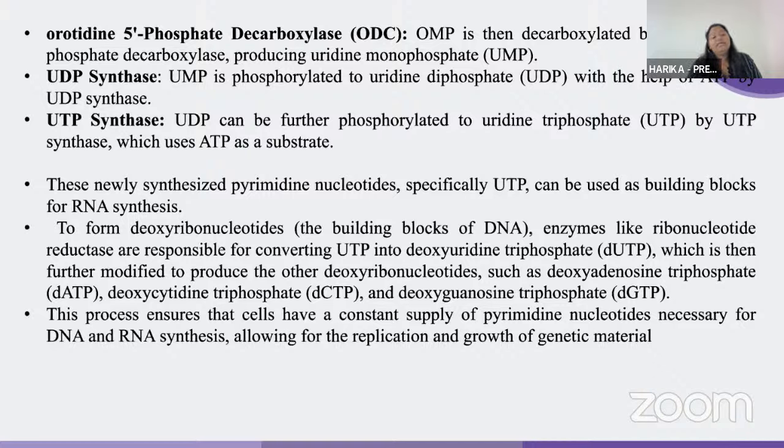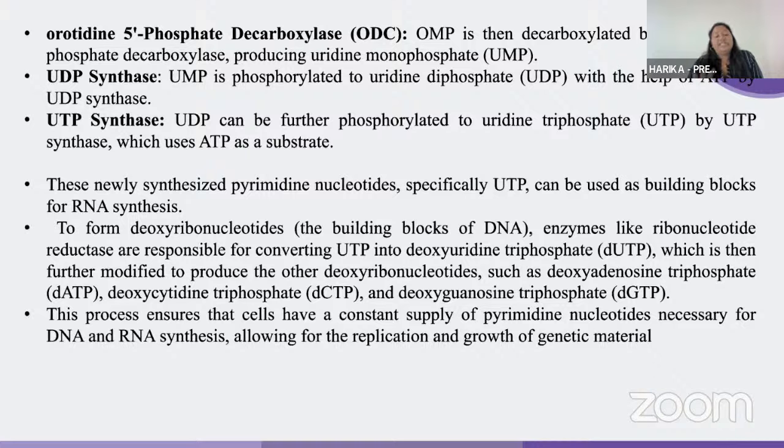To form the building blocks of DNA, enzymes like ribonucleotide reductase are responsible for converting UDP into deoxyuridine diphosphate, which is then further modified to produce the other deoxyribonucleotides such as deoxyadenosine triphosphate, dATP, dCTP, deoxycytidine triphosphate, and dGTP, deoxyguanosine triphosphate.